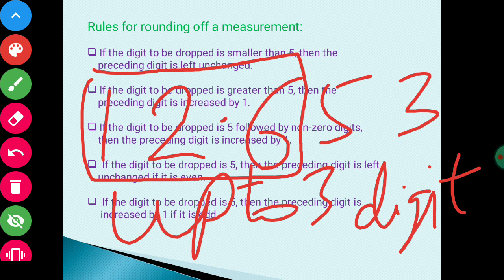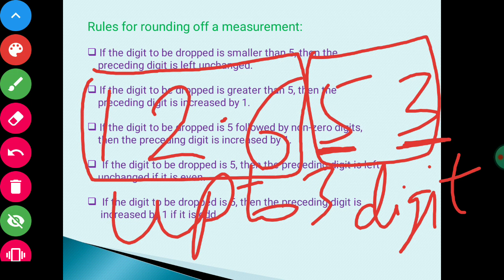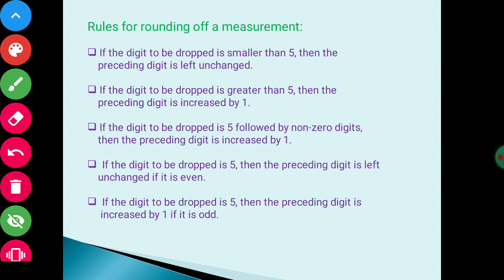See, you have to round off these two, 5 and 3. So there is a 5 which is followed by this non-zero digit. So the preceding digit, which is 6, is increased by 1. So the answer would be 12.7. Is it clear? Good.